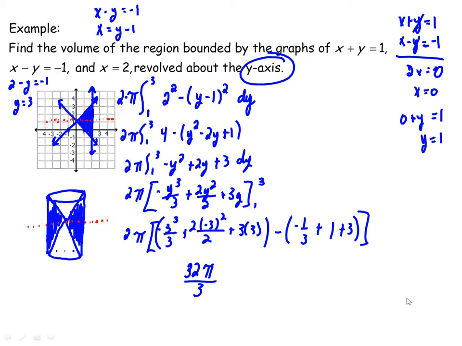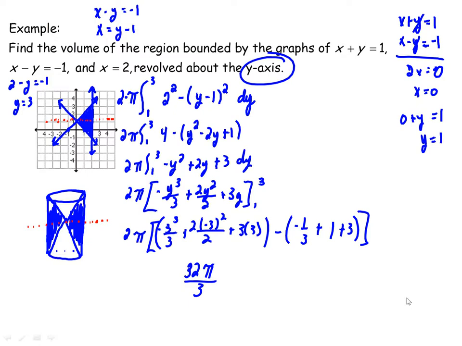Now, while you're finishing up this problem, just kind of listen to me. Had this problem not been symmetrical, you would have had to do two different integrals and then add them together.